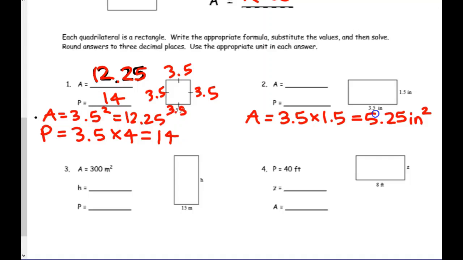Now, perimeter, again, we're going to add up all 4 sides. We got 3.5 plus 1.5 plus 3.5 plus 1.5. Another way to think about it is 2 times 3.5 plus 1.5 for a rectangle. But again, all you have to do is add up all 4 sides.